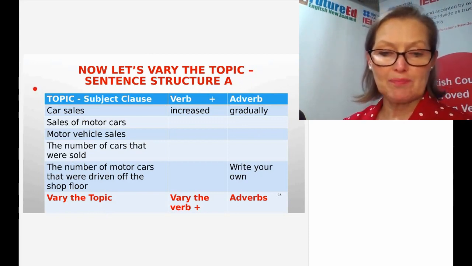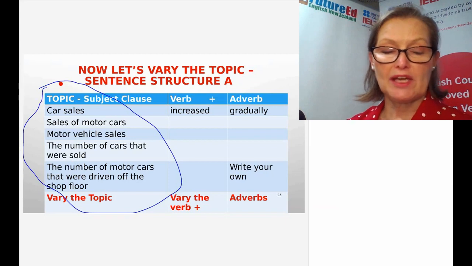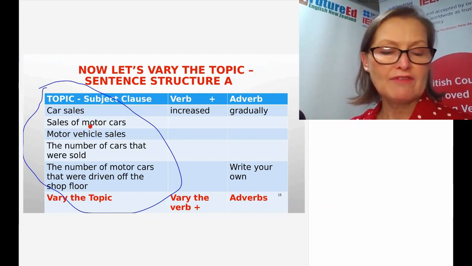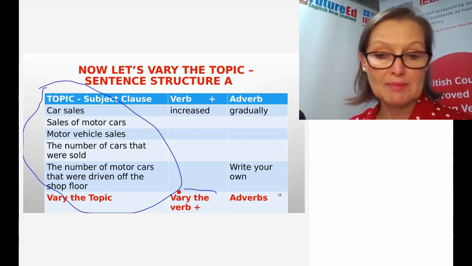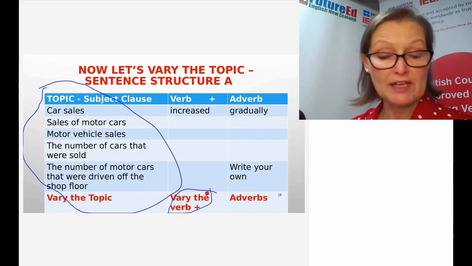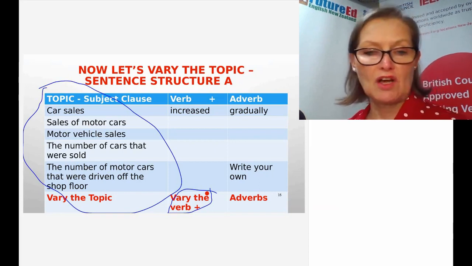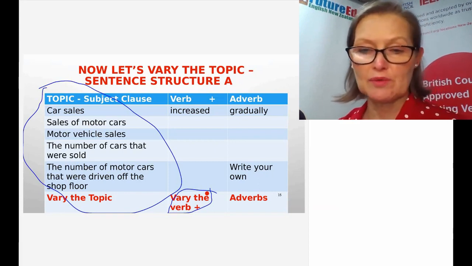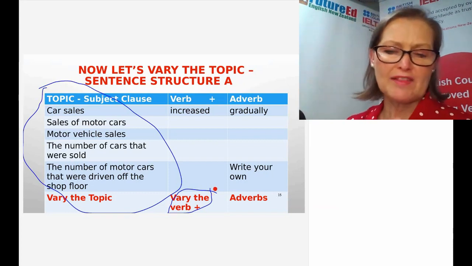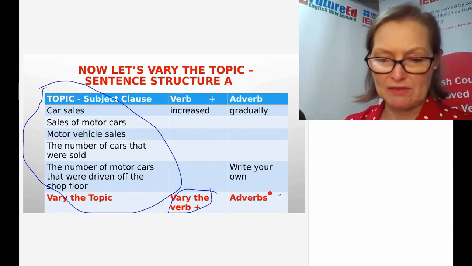So I want to be able to vary my subject clause. Okay, if I want to get more than a 4.5 or a 5, I want to vary my subject clause. And then I want to practice varying my verb as we've done. I've often seen car sales increased, car sales decreased, car sales increased. And that's not really showing the examiner in 150 words what I can actually write.